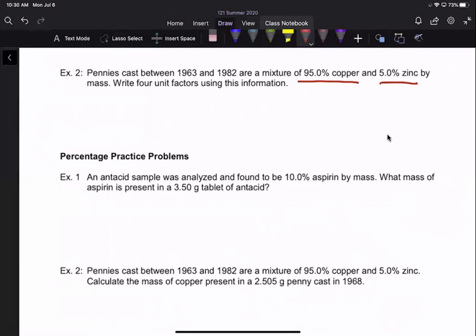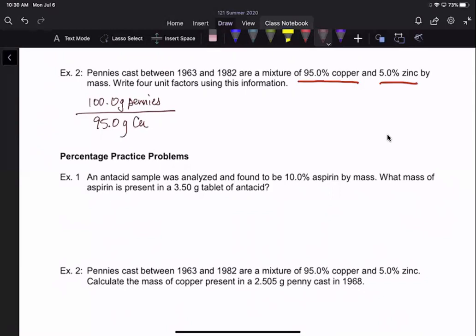So let's write some factors for this information. For these pennies, we know that if we weighed 100 grams of pennies, of that mass, 95 grams would be copper.